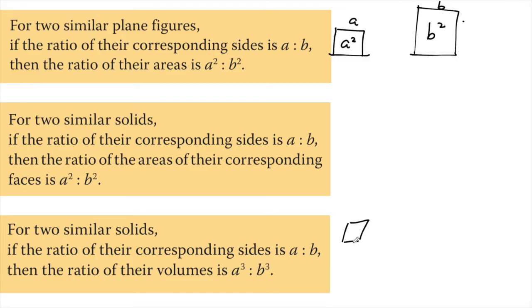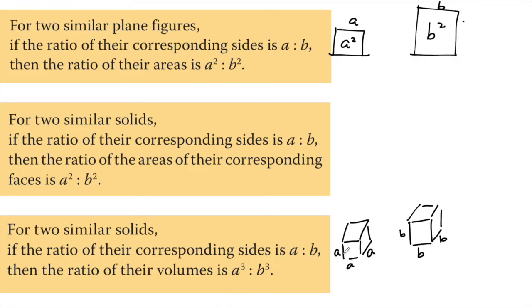Take for example, you have a cube of side A. Length, breadth, and height are all A. And then you have another cube with length, height, breadth, all B. So this is a three-dimensional figure.